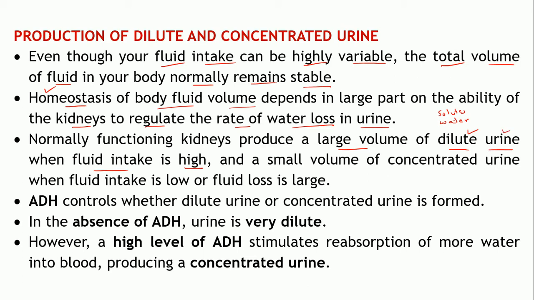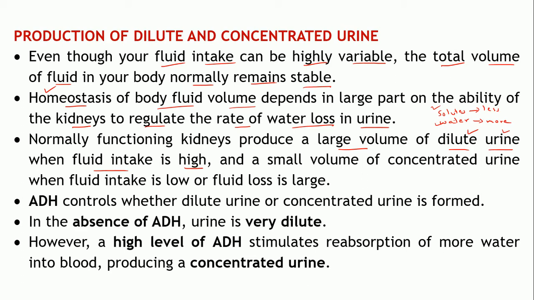Okay, so this urine which is formed when your fluid intake is high is dilute, meaning what? The amount of solute is less, and the amount of water will be more. Any solution will contain several solutes which are dissolved in water as a medium.